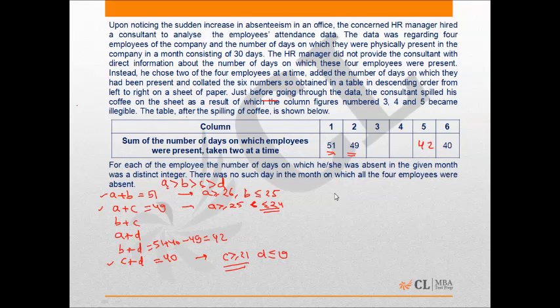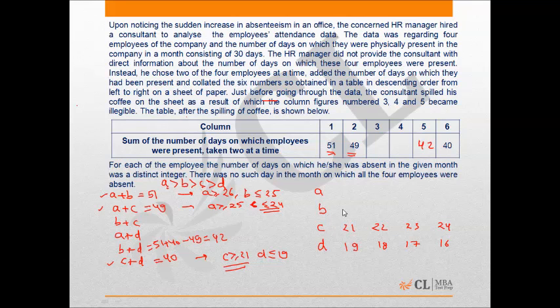Now let's see. We have 4 cases for A, B, C and D. C can be 21, 22, 23 and 24. Now C plus D is 40, so values of D will come out to be 19, 18, 17 and 16.